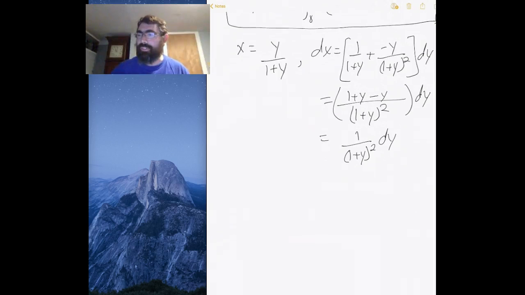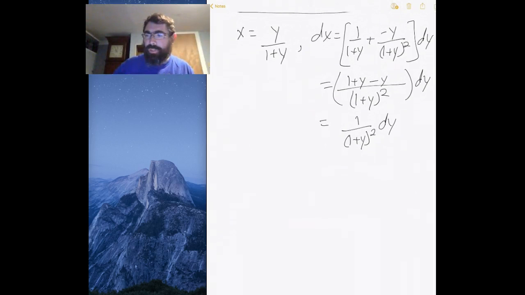Okay, so what does that give us? Well, first let me change the limits. So when x is equal to 0, y is equal to 0. When x is equal to 1, y is equal to infinity.